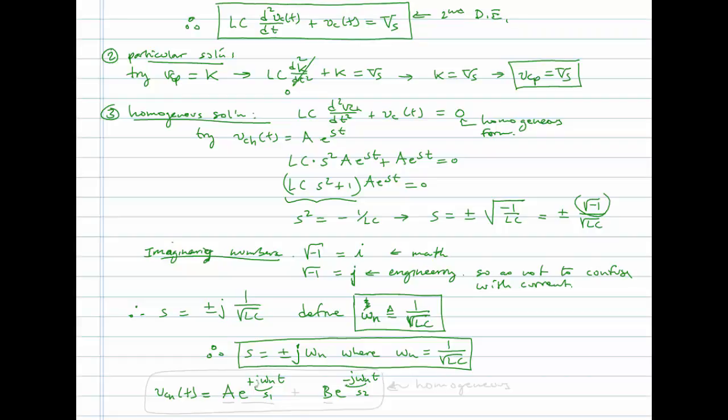And so if I plug one in and it evaluates to 0, thereby satisfying the homogeneous differential equation, and I plug in the second one and it evaluates to 0, thereby satisfying the homogeneous solution, then the most general solution would be one that would include both of these individual solutions.